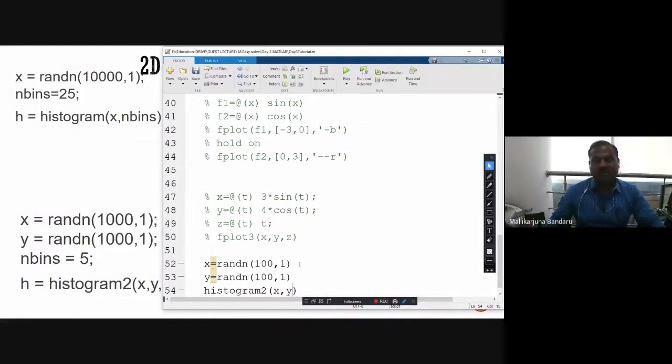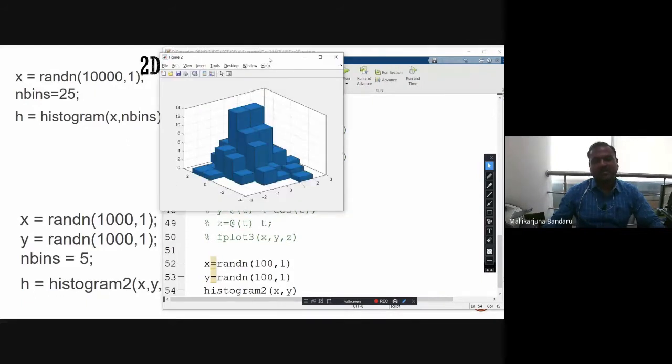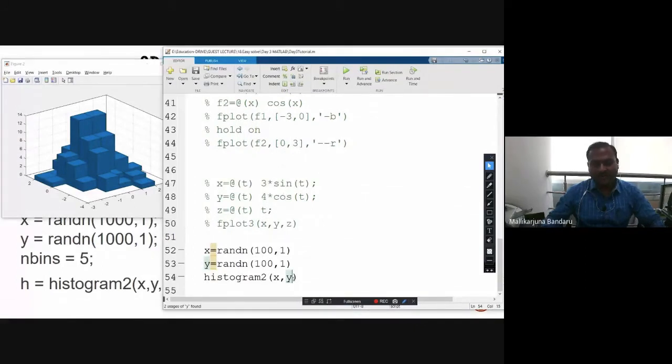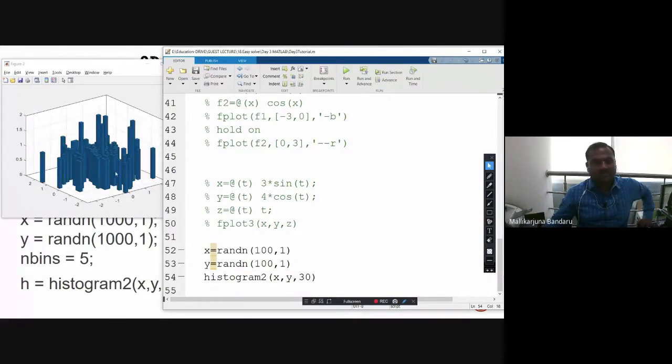First draw the histogram of x comma y. This is histogram of x comma y in 3 dimensions. And let me restrict it to, suppose, 30 bins appearing there. It is changing. Or we can execute only 5 bins.